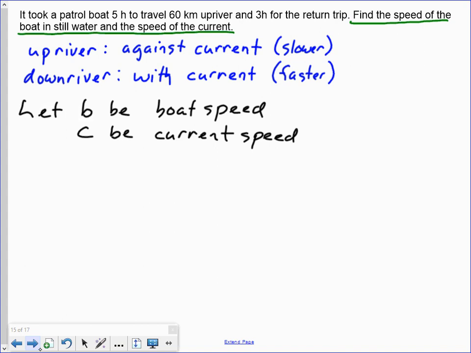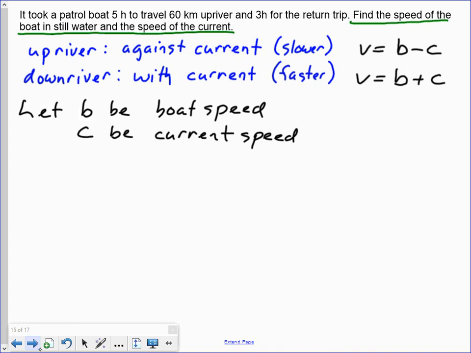So if B and C are our boat speed and our current, if we're traveling upriver and we're going against the current, the current is slowing us down, so our velocity is going to be B minus C. Whatever the boat can do, take away what the current is doing, because the current is slowing it down. If it's going downriver and it's going faster, the current is going to speed up the boat.